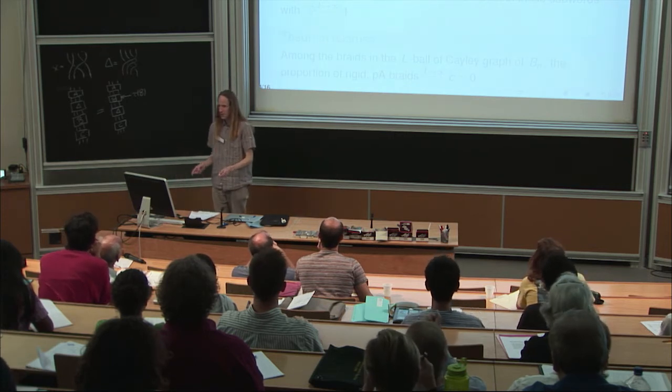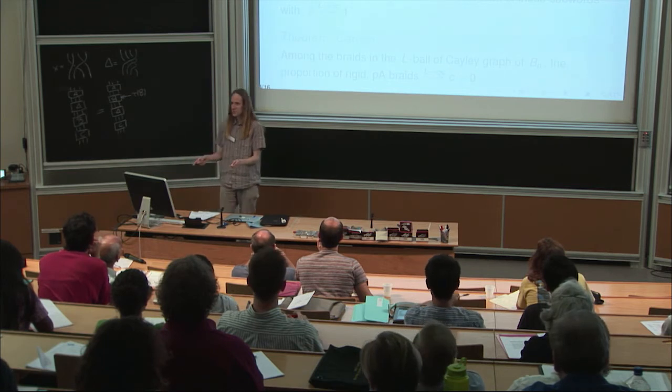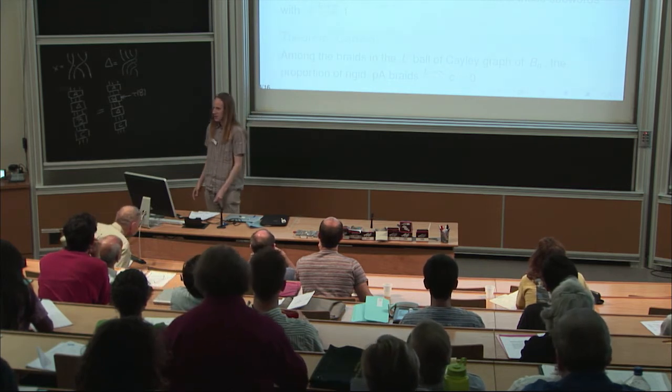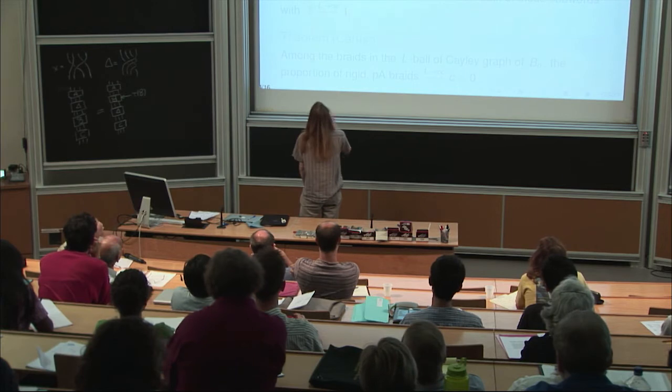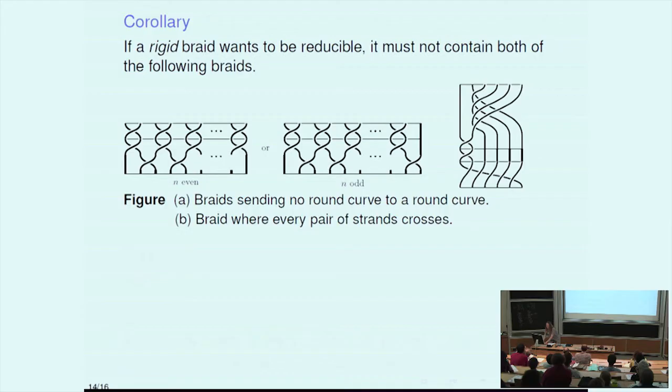So, if a rigid braid wants to be reducible, it must not contain both of these braids. So we have two braids here. Either, well, I have to distinguish the case n odd or even, but that is one braid, and the second braid is this one. Why must it not contain both of these braids?